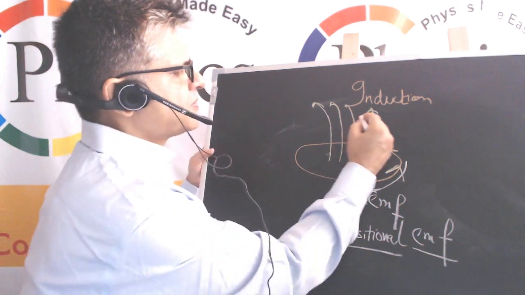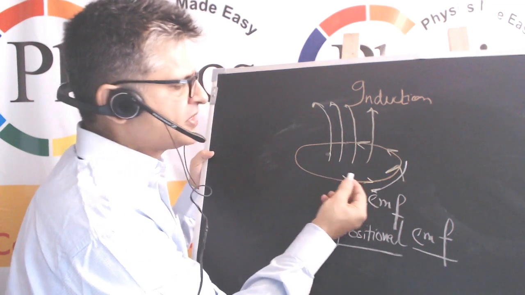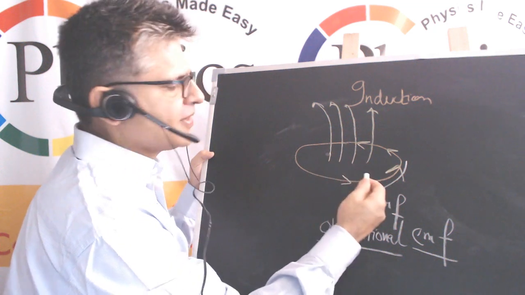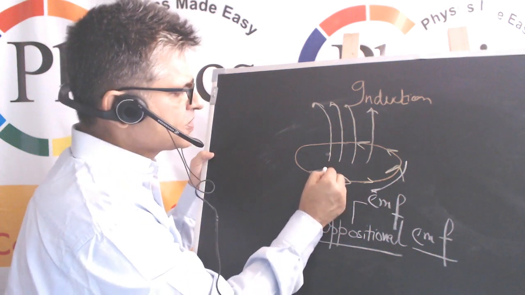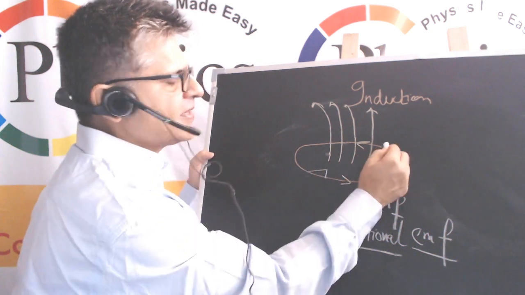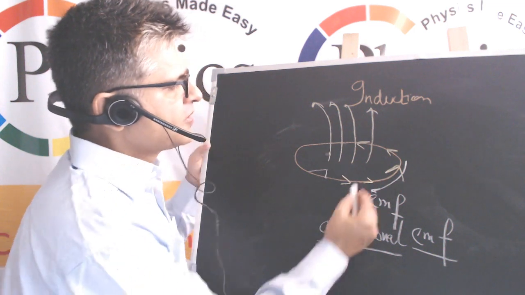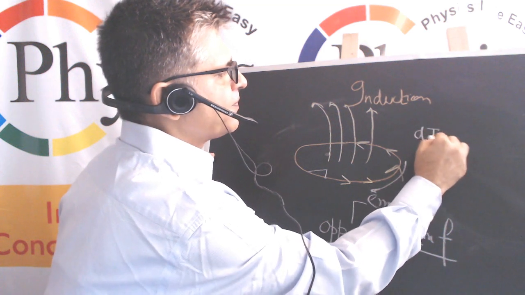So this phenomenon is that you apply a change, there is a sudden rush of current in the circuit. Maybe there was a key here and you close the key and there was a sudden current inside the circular loop that resulted in di by dt.